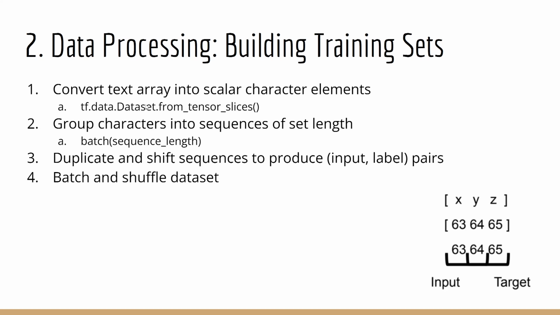You would use this function here, and it would convert this text array into scalar character elements. In this image, you used to have this array, and after you pass it through that function, you get a data set of it instead. It's a bit hard to visualize, but you can see it's no longer an array, and these character elements are just by themselves. That's why it's described as scalar.